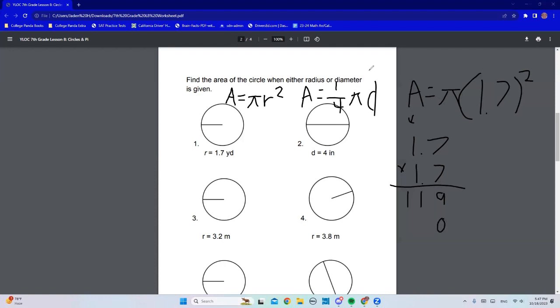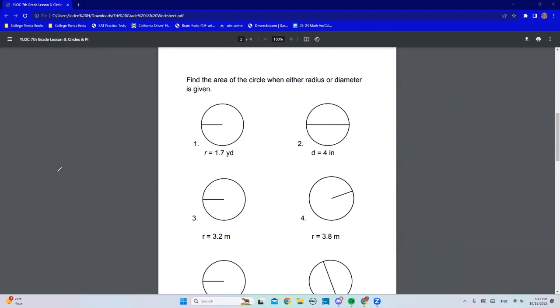Let's add the 0 here. 1 times 7 is 7, and then 1 times 1 is 1. So once we add this all together, we should get 2.89.